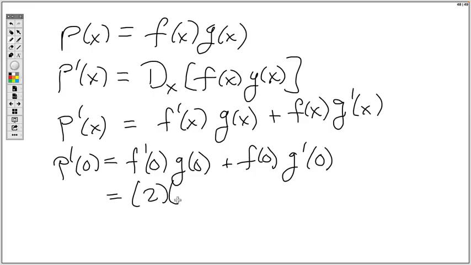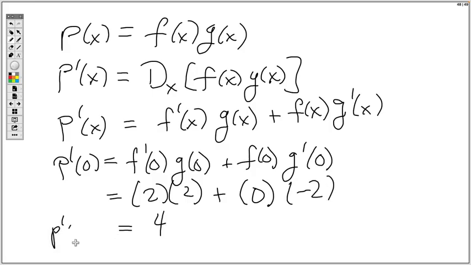What was g of 0? That was also 2. What was f of 0? 0. And what was g prime of 0? Negative 2. So when the dust settles, what do I get, folks? 4. Okay. And once again, if you wanted p prime at 3, guess what you could do? Just plug in the 3.